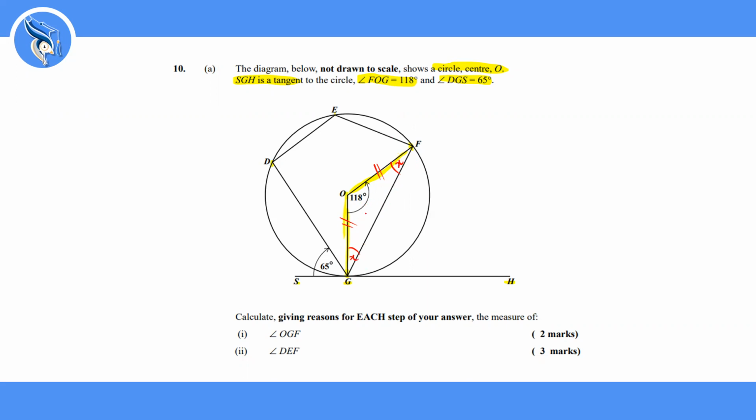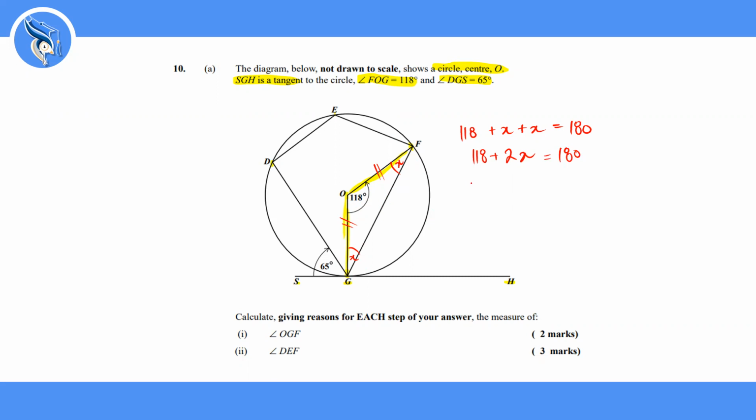Angles in a triangle add up to 180 degrees. That means 118 right here, so angle O plus X plus another X at the base is equal to 180 degrees. So 118 plus 2X equals 180.